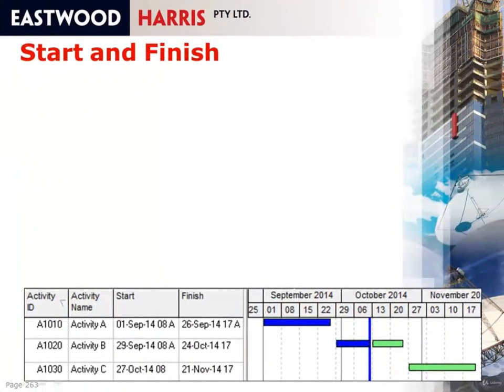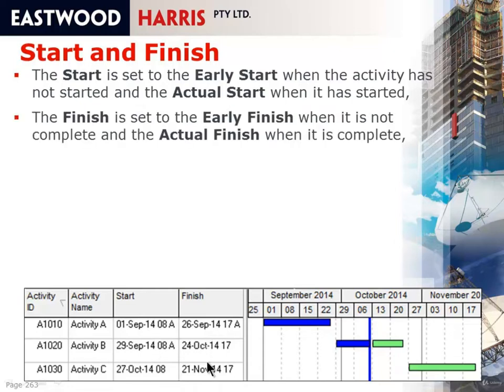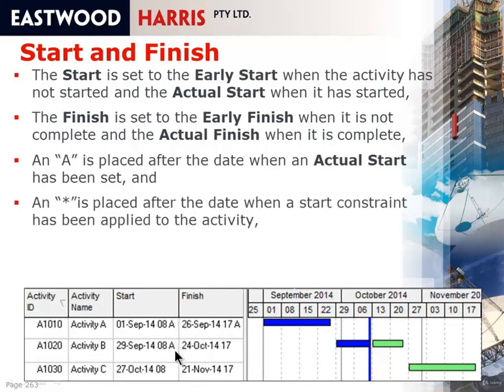Start and finish. The start field here is set to the early start when an activity is not started and the actual start when it has started. And the finish is set to the early finish when an activity is not complete and the actual finish when it is complete. You'll find that an A is placed behind the date when an actual start or an actual finish has been set, and an asterisk is placed after dates with constraints.